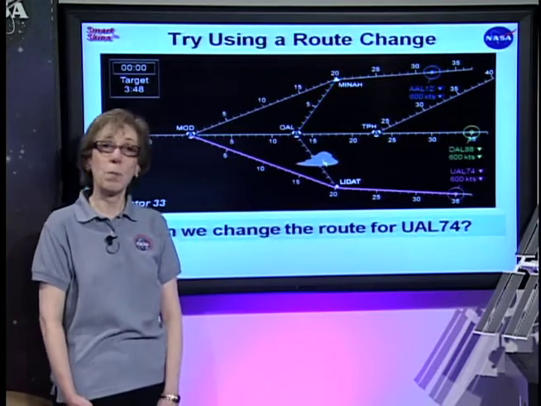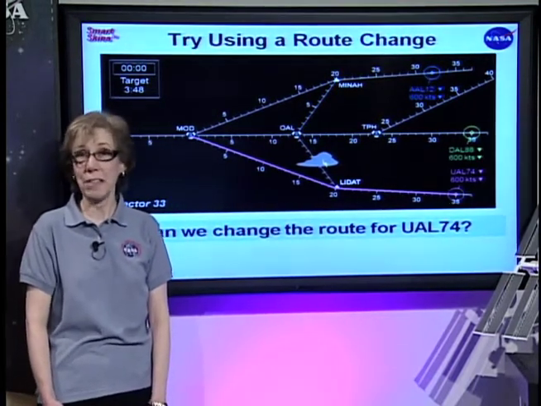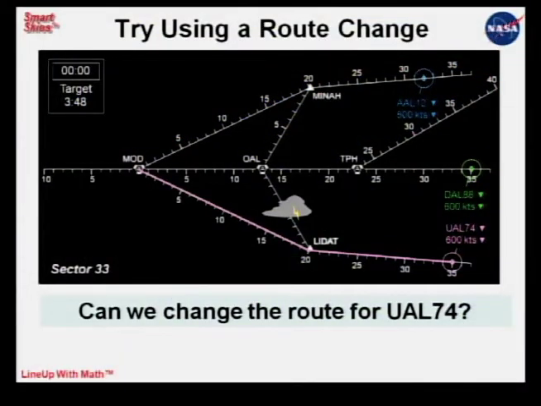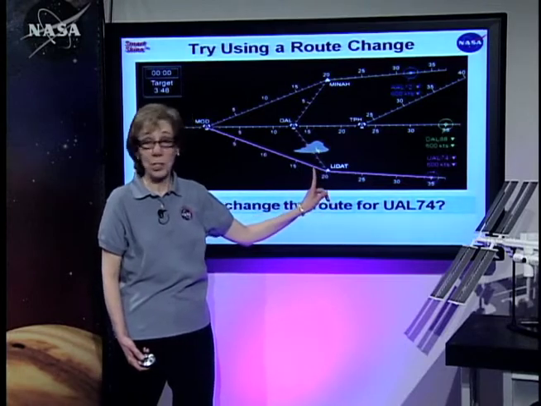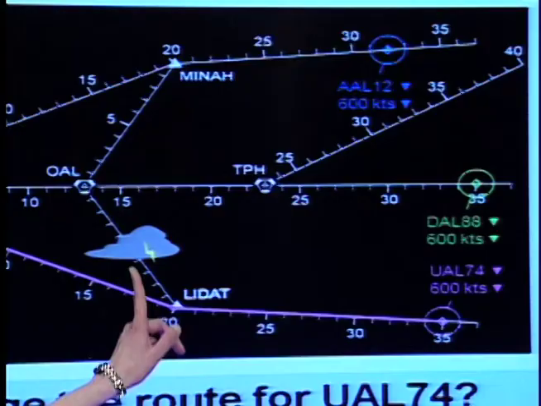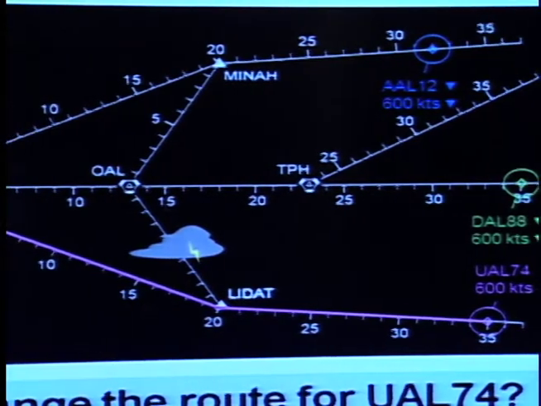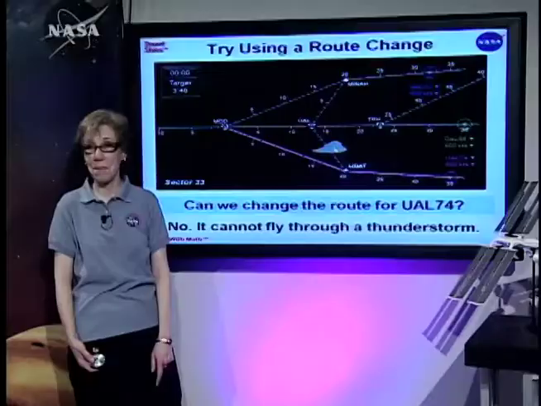So let's see, plane by plane, for which planes can we change the routes. Let's start with United. Can we change United's route? The only possibility would be to send it through this thunderstorm. And we learned in the video that we cannot send a plane through a thunderstorm. This route is blocked, so no, we can't change the route for United.